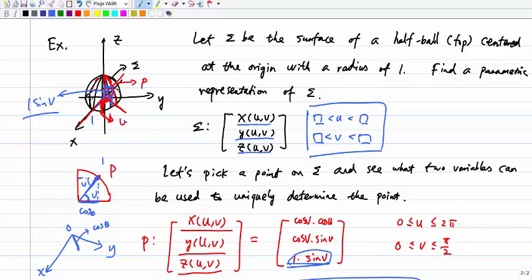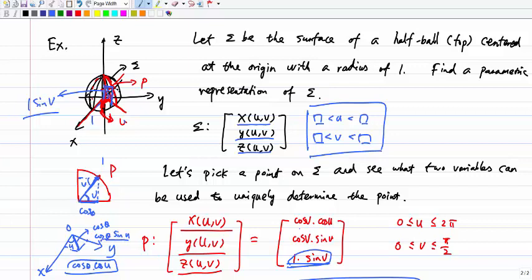Then I'm trying to fit x and y. The angle here is u, basically, right? So x will be just cosine v times cosine u, and y will be cosine v times sine u.